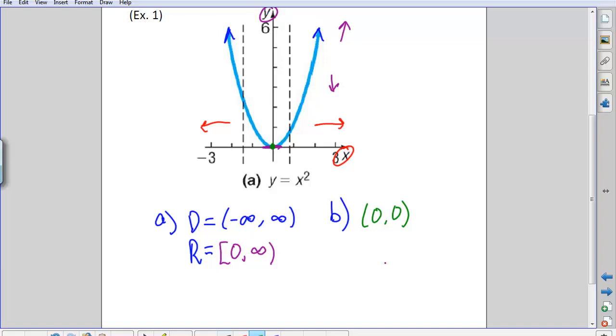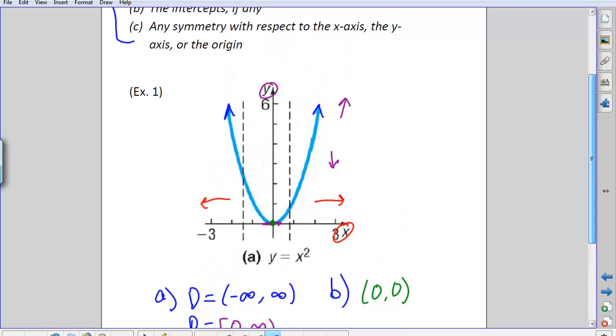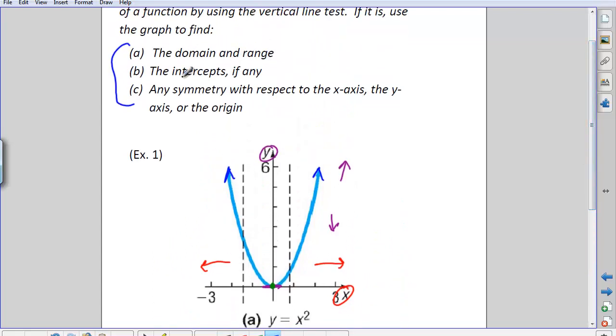Okay, the third question, we'll go back up here. We got the domain and range, we got the intercepts. Now it's asking about symmetry. So symmetry with respect to the x-axis, the y-axis, or the origin. And so this one's a little bit trickier. Symmetry, remember what symmetry is. If it has symmetry with respect to the x-axis, what that means is you should be able to think of folding this in half at the x-axis.